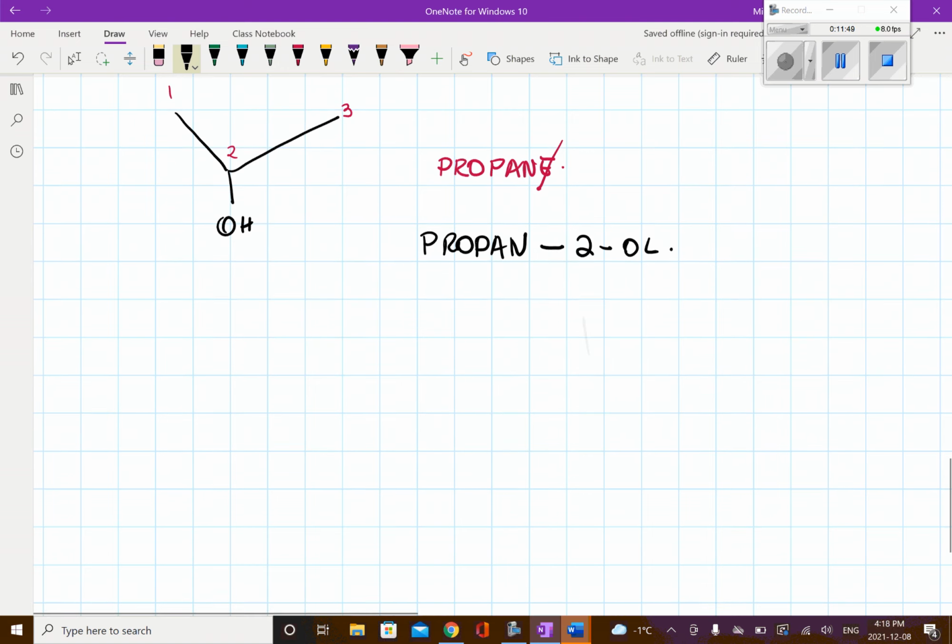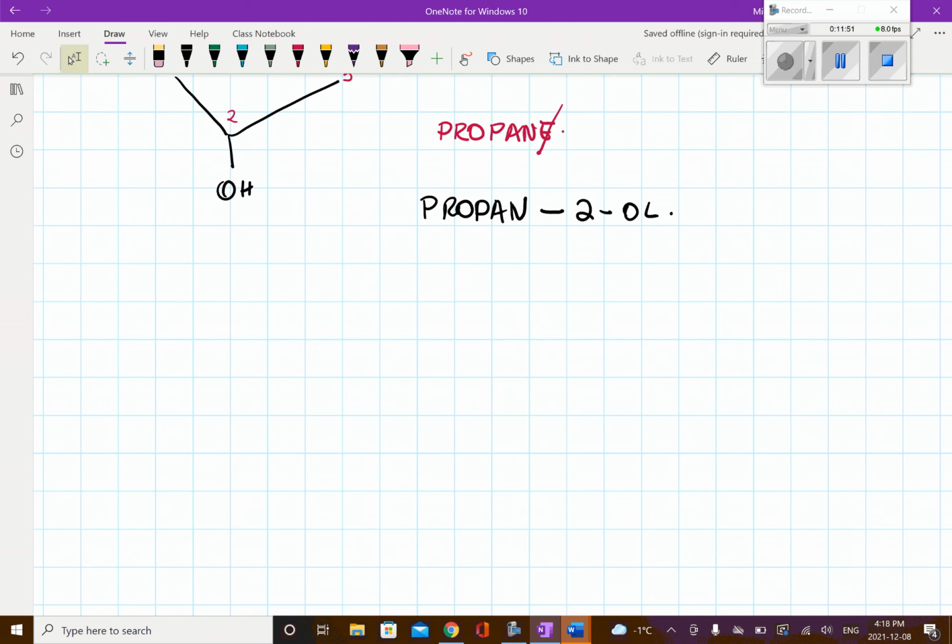You have probably heard of ethanol. Ethanol has 2 carbons, and in one of them you have the hydroxyl, and on the rest of them we have hydrogen.